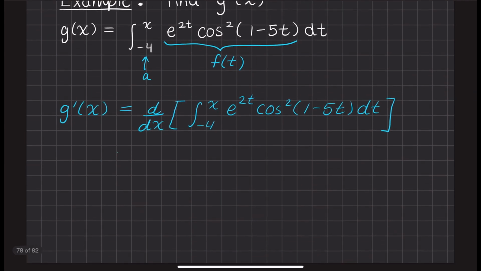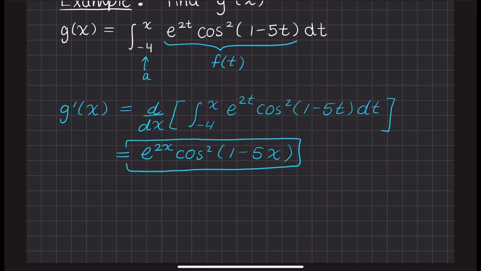Right away, we can apply fundamental theorem of calculus part 1 and get that this will be equal to e to the 2x cosine squared of 1 minus 5x. And that's all we have to do for this problem, right? We just have the internal function.